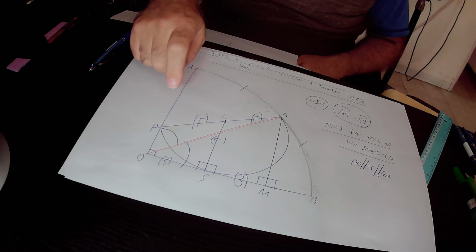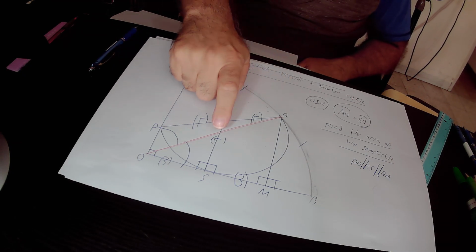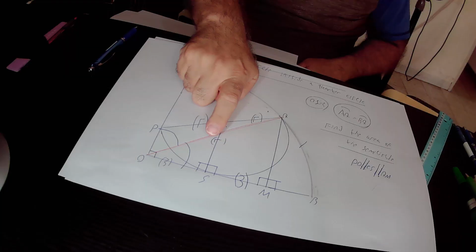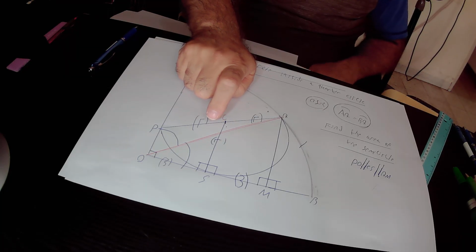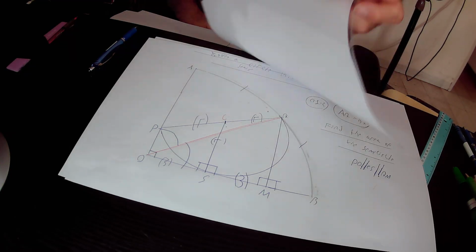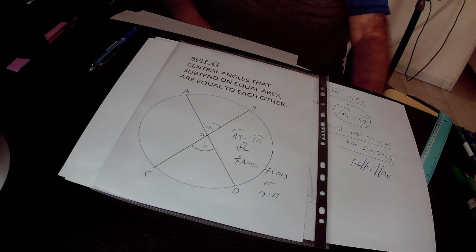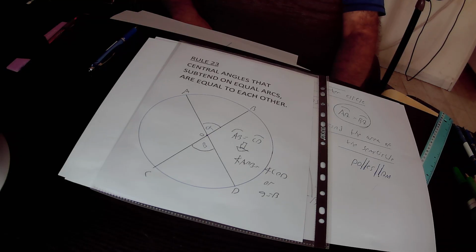That is to say, center angle AOQ equals center angle QOB in its size. So I repeat quickly rule 23. According to rule 23, center angles that subtend equal arcs are equal to each other in their sizes.